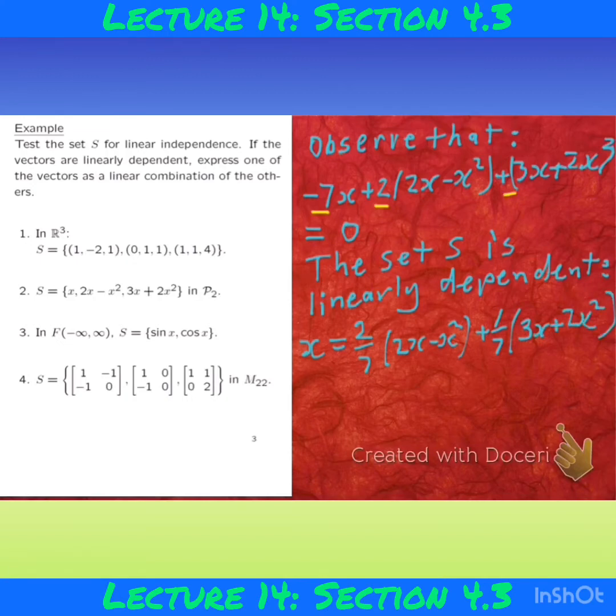So yes, this is a linearly dependent set, and you can write one polynomial as a linear combination of the other polynomials.